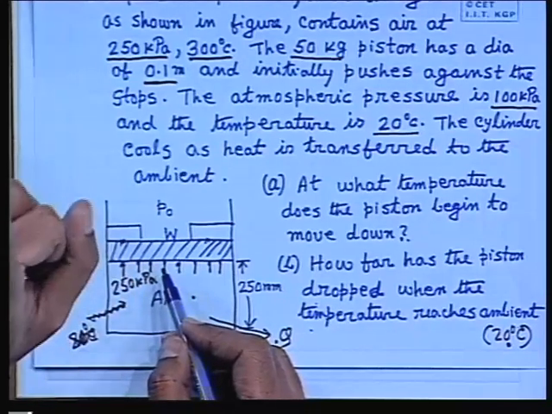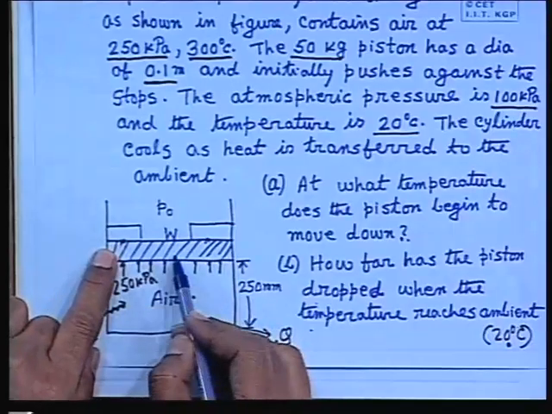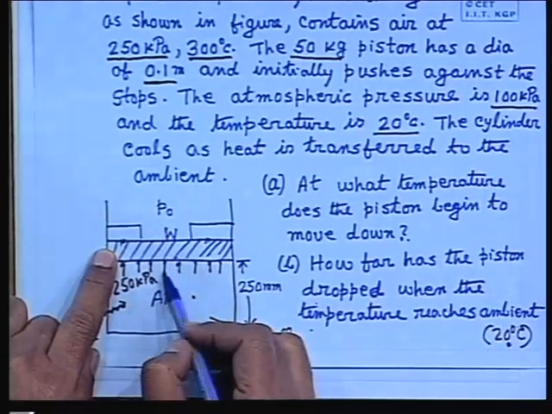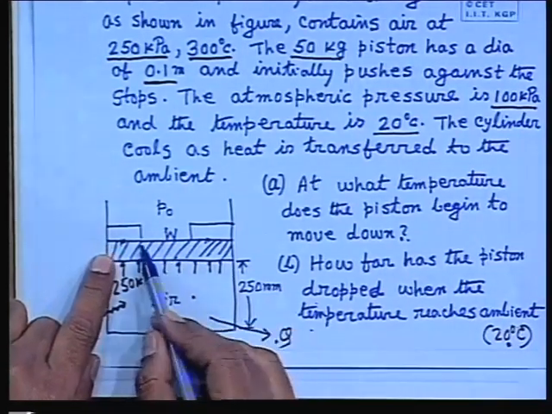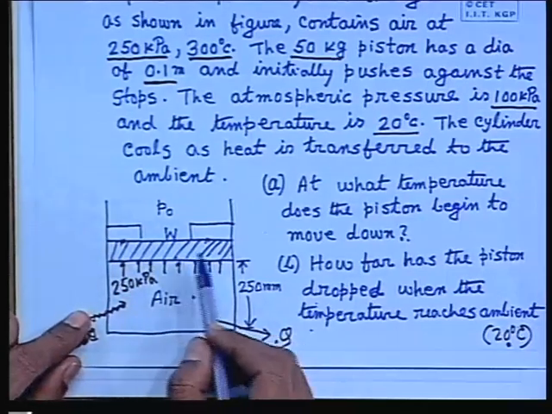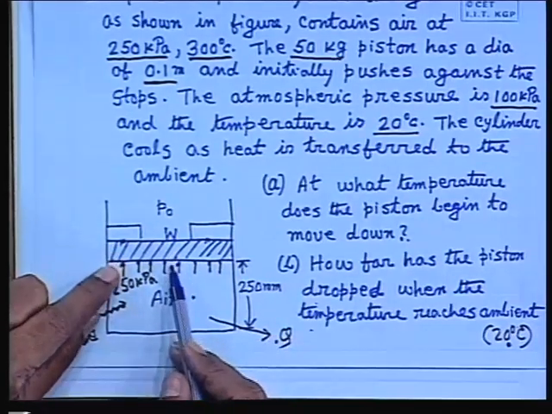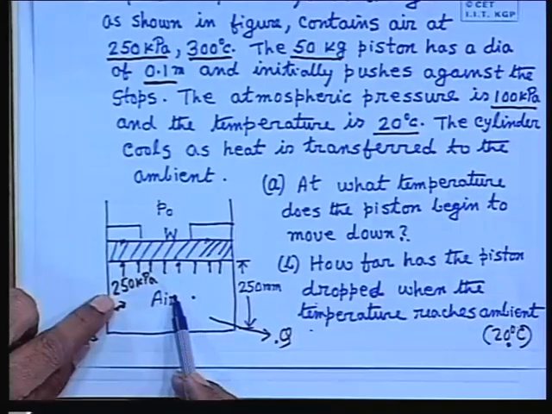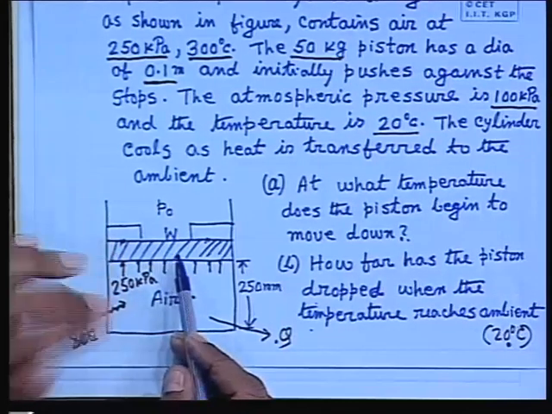Because always we will consider the piston descends in an equilibrium condition, where we will neglect the inertia of the piston. In a sense, acceleration will be neglected. It is slowly moving. If it moves with a uniform velocity, there is an equilibrium of forces. But in thermodynamics, in all such problems of this sort, we will always consider that when the piston descends down or goes up, it is always in equilibrium.